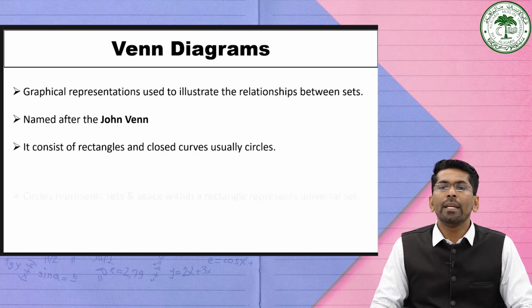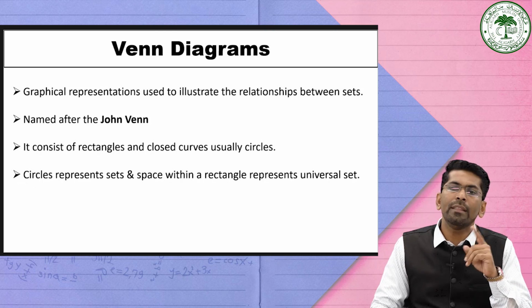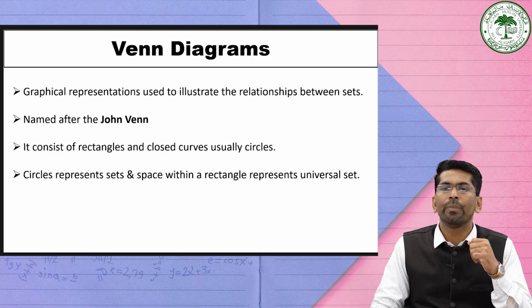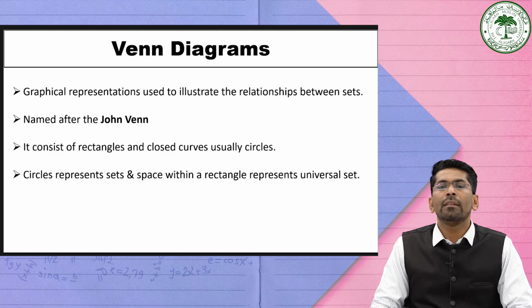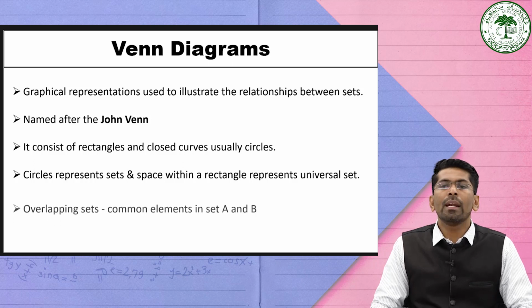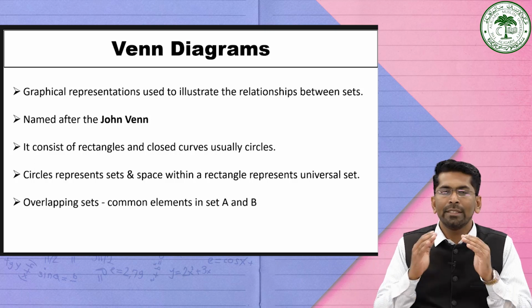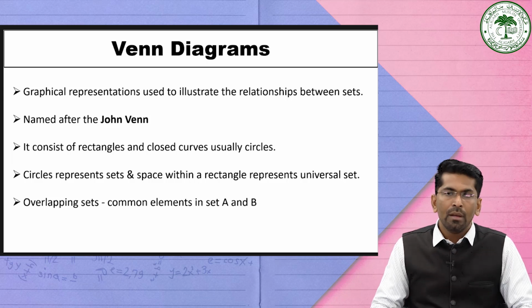The circles represent the sets, and the entire space within the rectangle represents the universal set, which is generally denoted by U. If we have two sets, for example set A and set B, and these two sets have some common elements, then these are called overlapping sets. The overlapping region shows the existence of common elements between the sets.